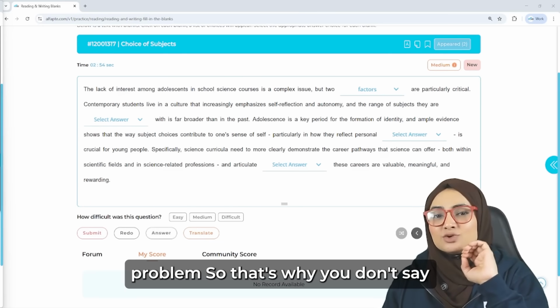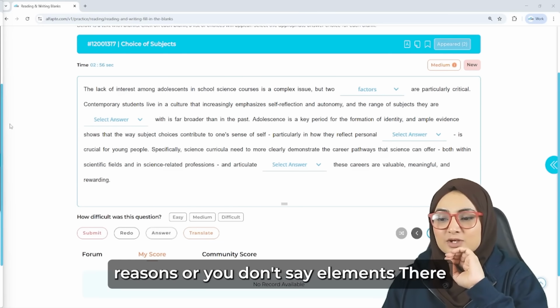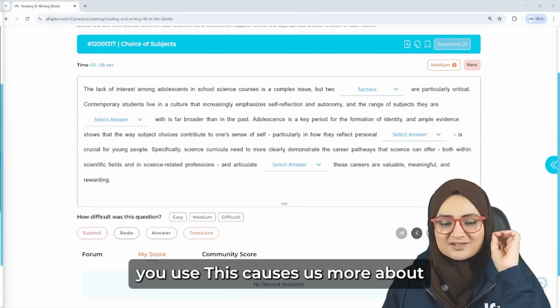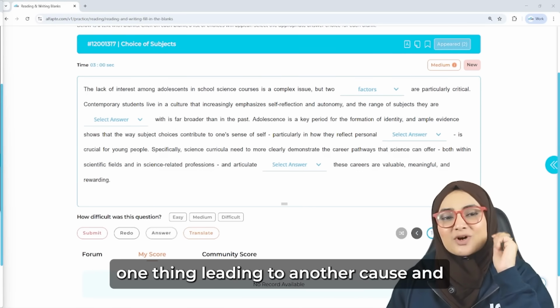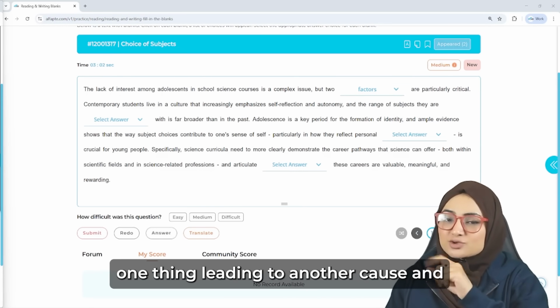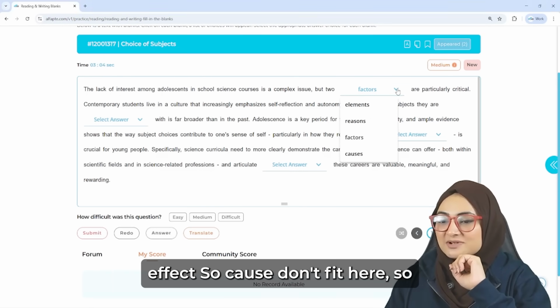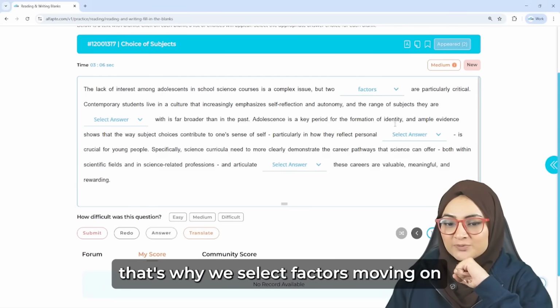So that's why you don't say reasons or you don't say elements there, you use factors. Causes is more about one thing leading to another, cause and effect, so cause don't fit here, so that's why we select factors. Moving on.